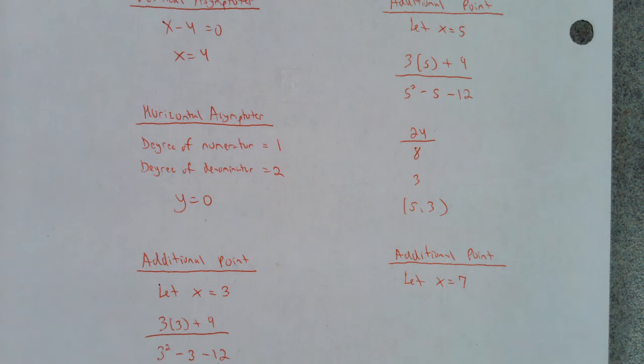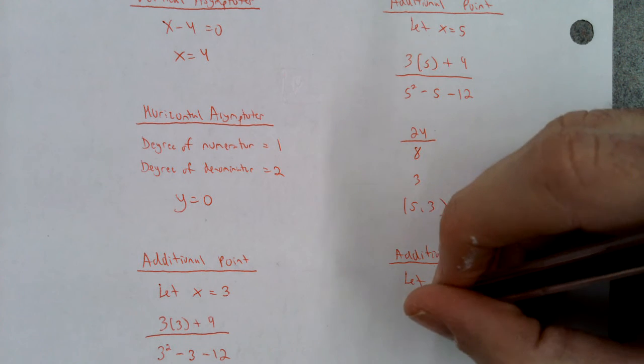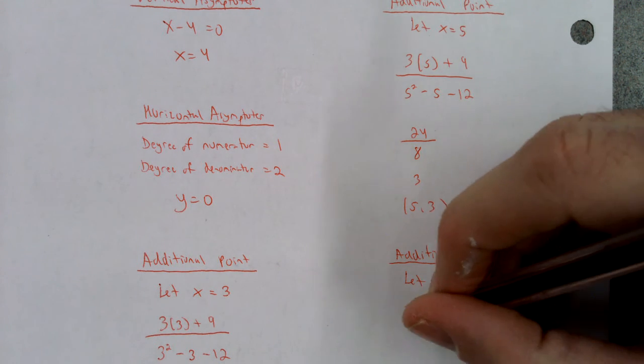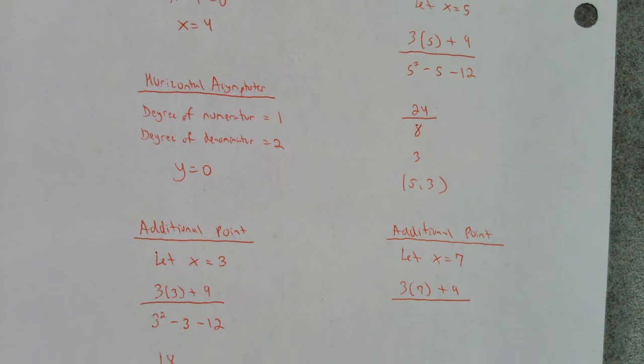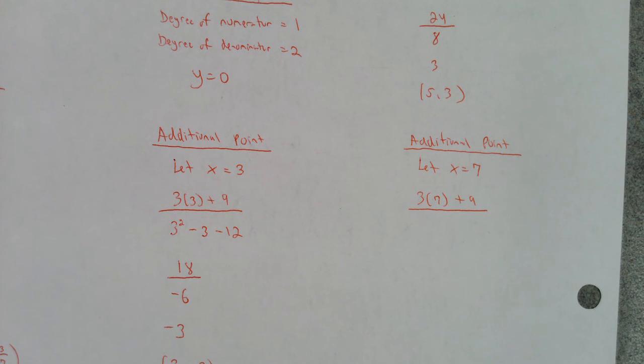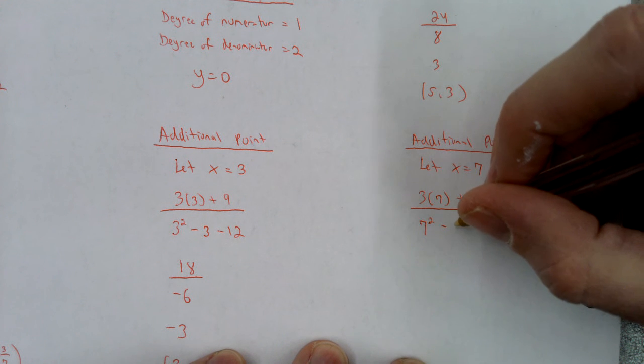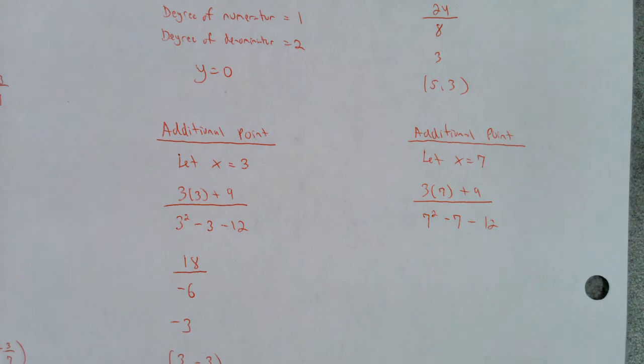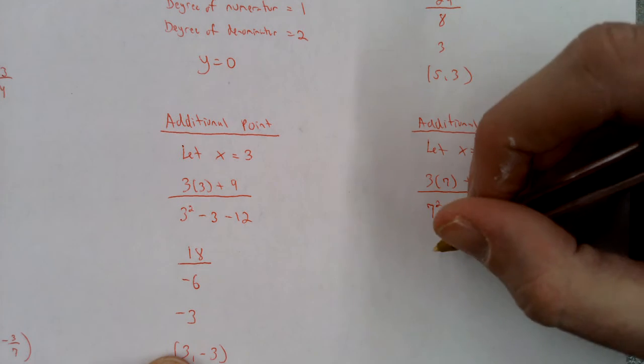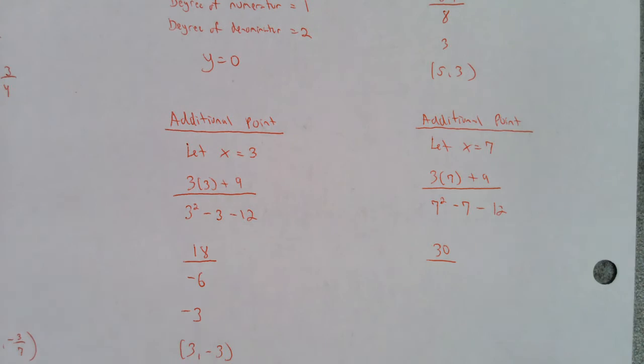Okay, so 3 times x plus 9, 3 times 7 plus 9, over 7 squared minus 7 minus 12. Okay, so the numerator will be 21 plus 9 is 30. The denominator is 49 minus 7 minus 12, which is 30.